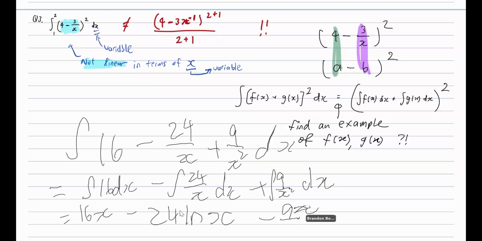Just do it step by step. Leave it as power negative 1. Most important thing is to get the right answer. Negative 1 divided by minus 1. Good, correct. That's it.